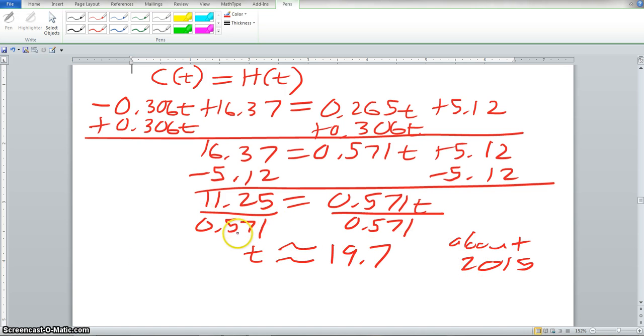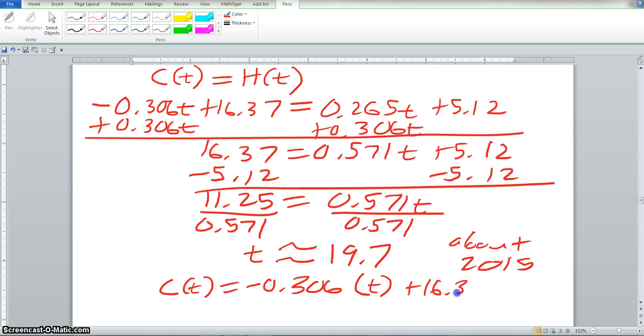Okay, so now our next step is we want to find out the percent that they would actually be the same at that time frame. So let's take Chrysler's equation. C of t is equal to negative 0.306 times t plus 16.37.